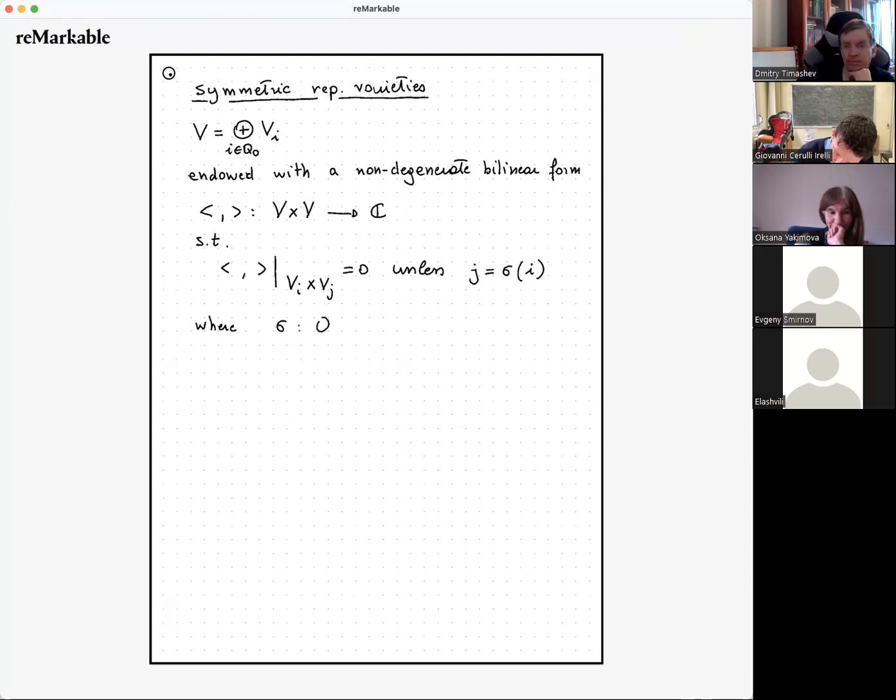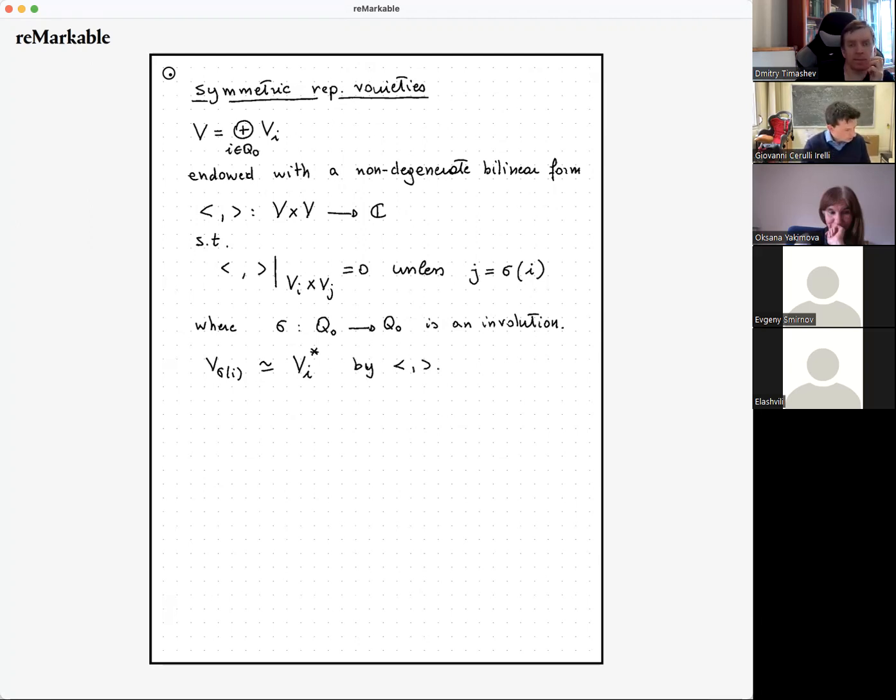Then we want that sigma is an involution. So this means that V_sigma(i) is identified with the dual vector space of V_i by the form.